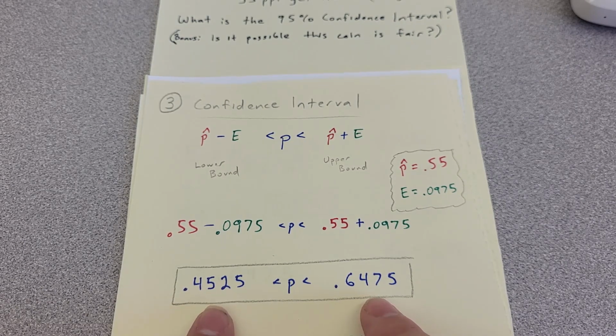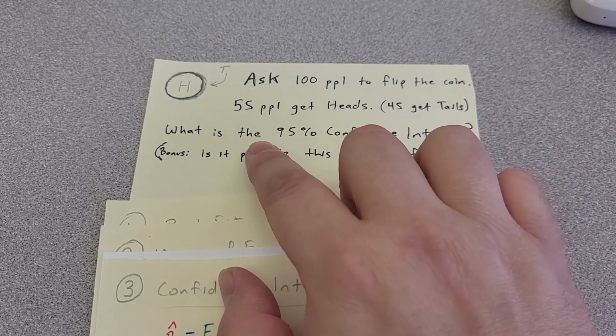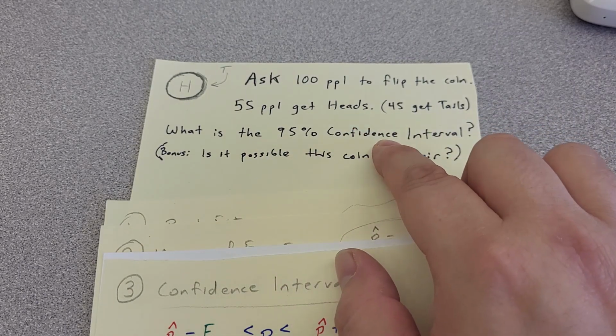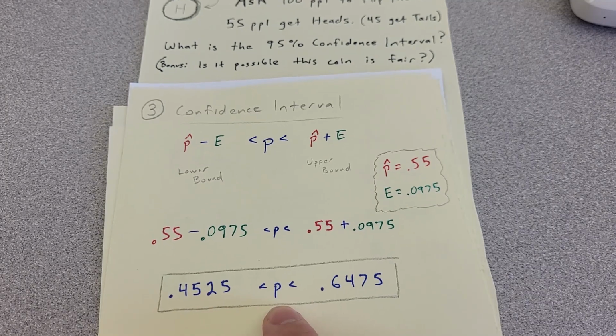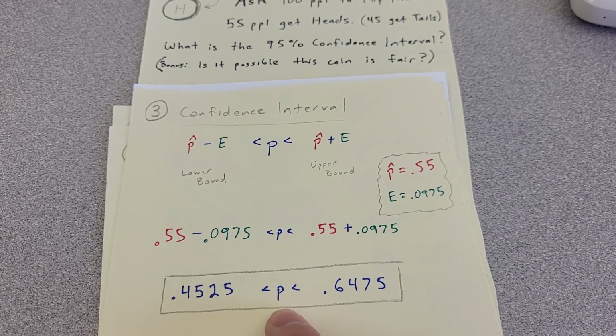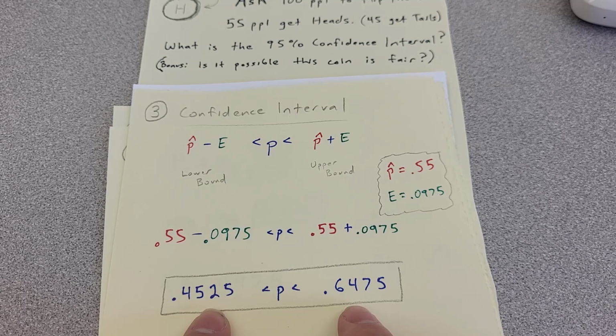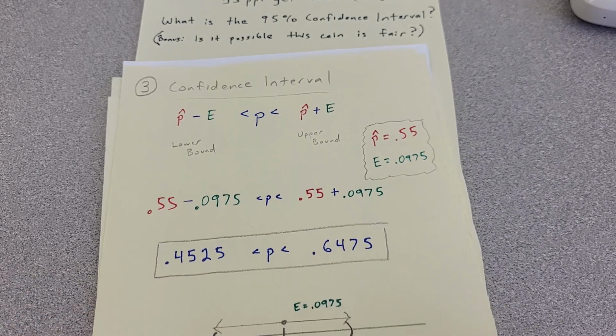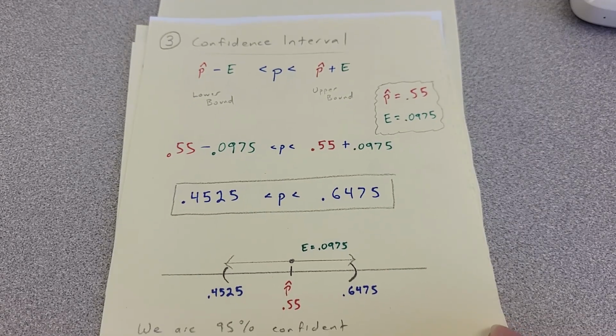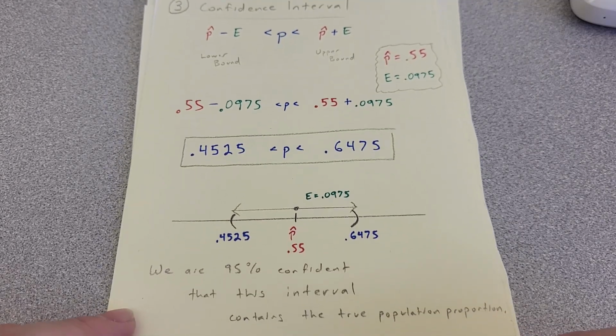We are 95% confident that the true population proportion is in between these numbers. So picture-wise, it kind of looks like this. Here is your interval.